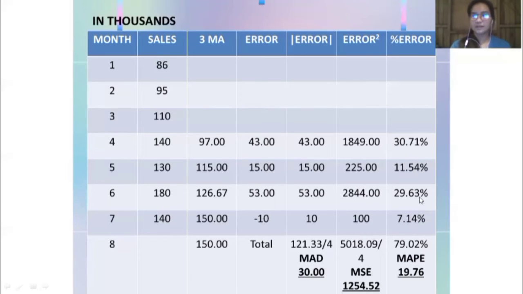Same process again, add the 4 so that we can get 79.02, and then divided by 4 we can get the MAPE, or the mean absolute percentage error, which is 19.76.